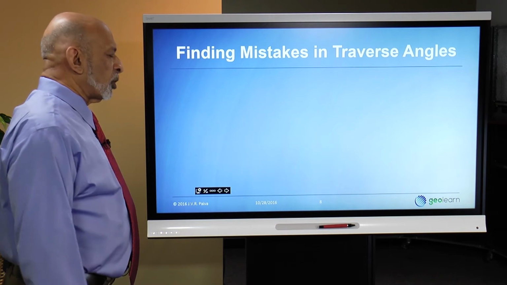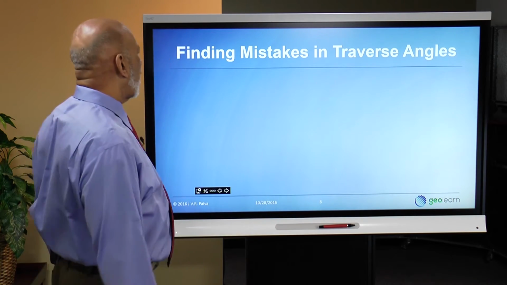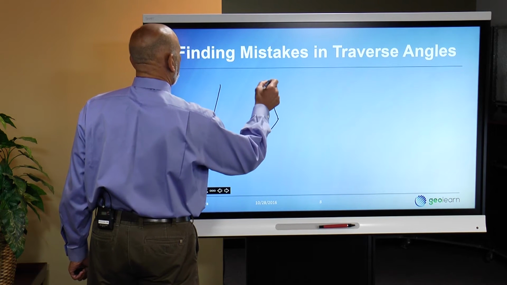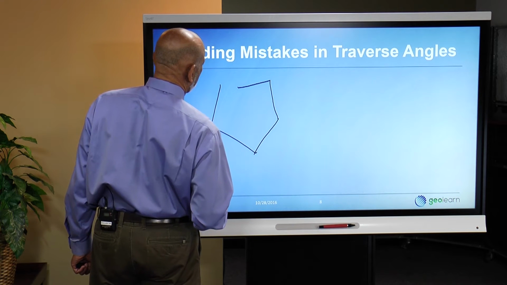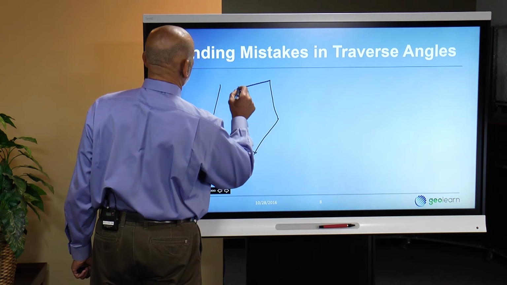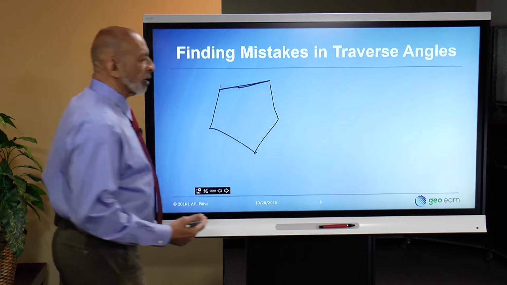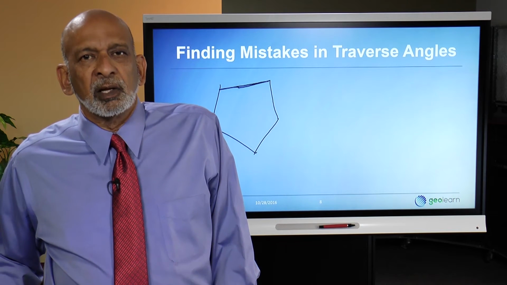So I want to talk a little bit about finding mistakes in traverse angles. When you have a figure that's closed and your traverse has an angular error, so the angles don't add up, but it's off by a lot. Maybe it's a degree or half a degree or 2 degrees or 10 degrees.